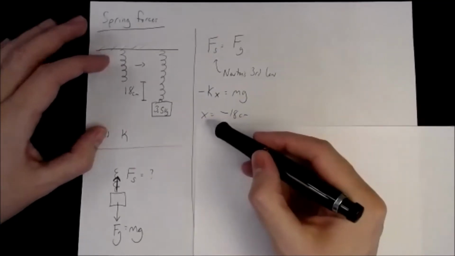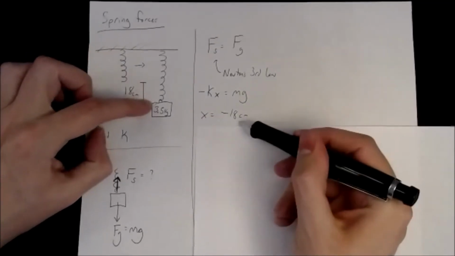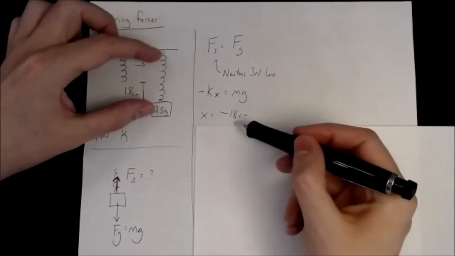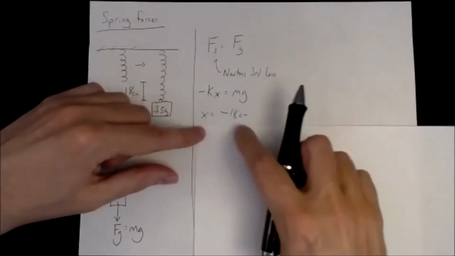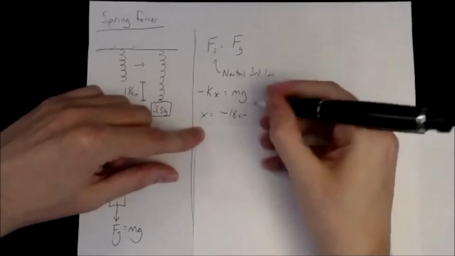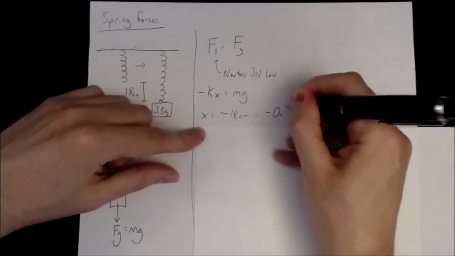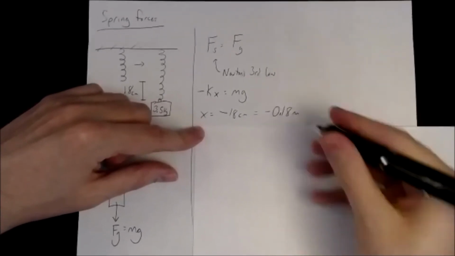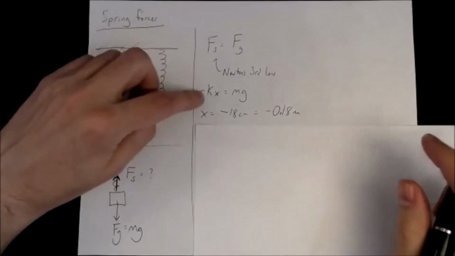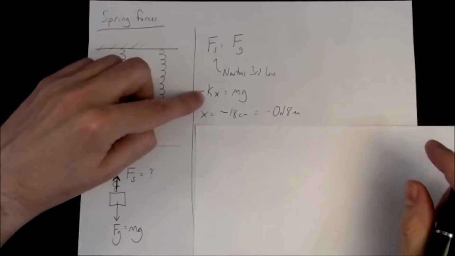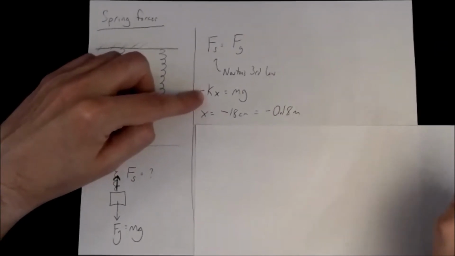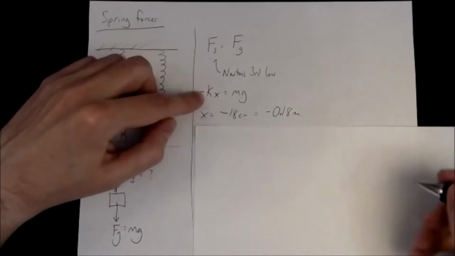We know that the object has gone down by 18 centimeters. It's stretched downward by 18 centimeters, and so we get a negative 18 centimeters in there, which ends up becoming negative, I'll write it down, negative 0.18 meters, of course. We need to get all this into meters because the units of k, as I showed you on one of those slides, but I didn't actually mention it, the units of k is newtons per meter.